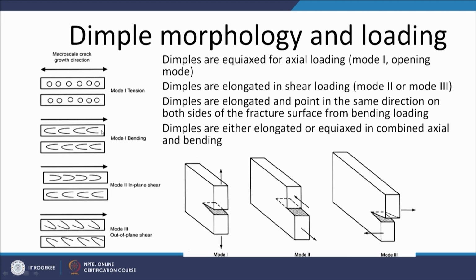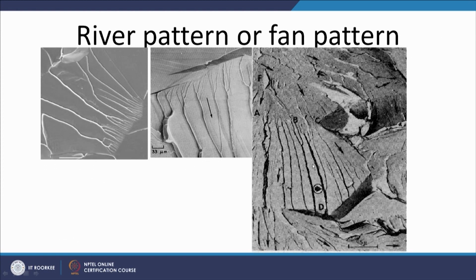In this particular case, they are oriented from right to left, and the same is the trend for the other surface also. This is the top surface and this is the bottom surface which has fractured. So, the dimples are either elongated or equiaxed in combined axial and bending loading.